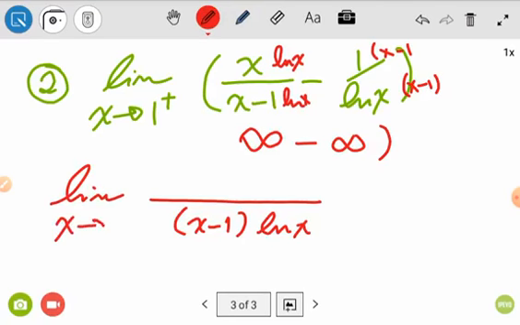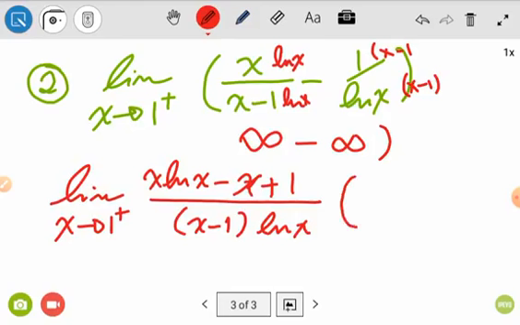So the limit as x approaches 1 from the right side of x ln x minus what? Minus x plus 1, right? Multiplying the negative by x, and then negative by negative 1 is positive 1, so it's negative x plus 1.